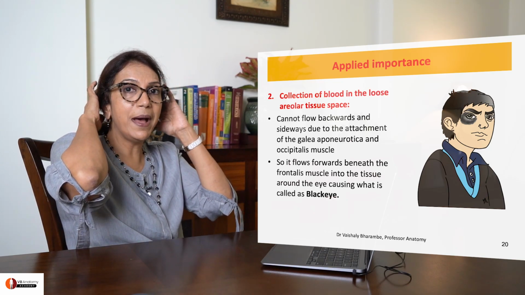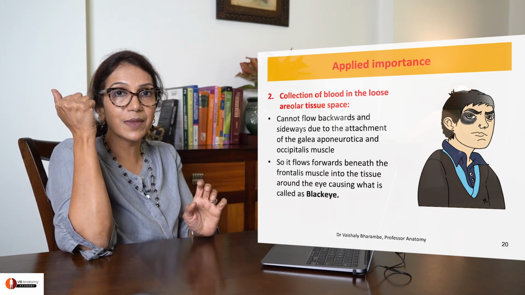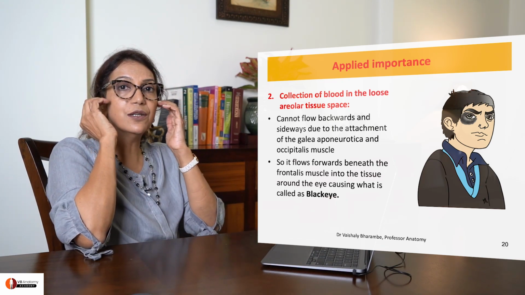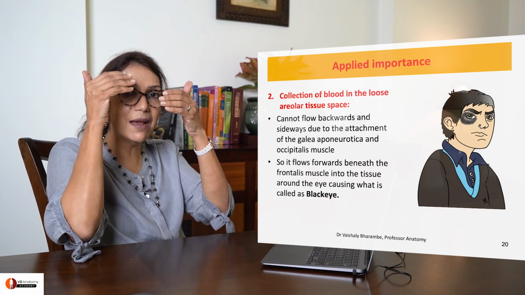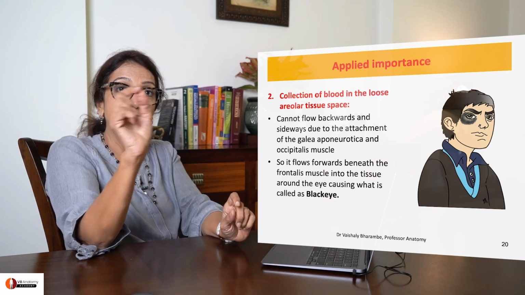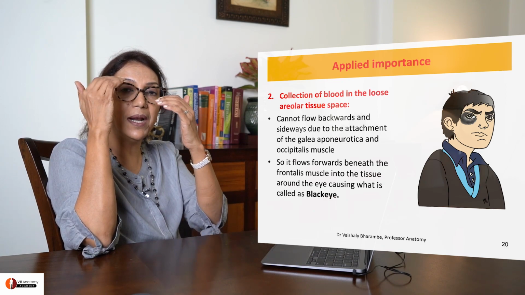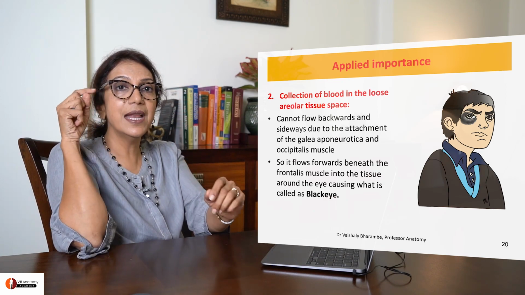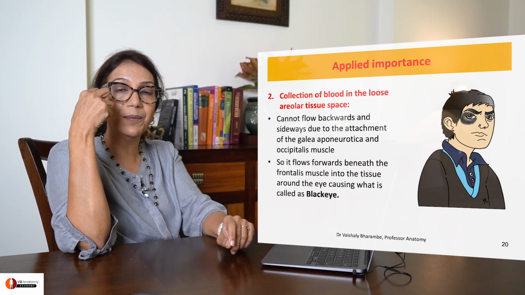It can go back, but it's stopped by the occipital attachment to the bone. It can go to the side, but it is stopped by the attachment to the zygomatic arch. But when the blood gravitates forward, the frontal bellies have no bony attachment underlying. Because of that, the blood is able to flow forwards and enter the loose areolar tissue around your orbit.